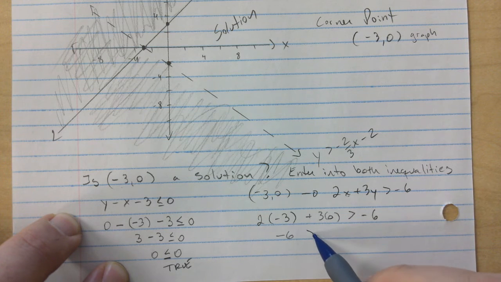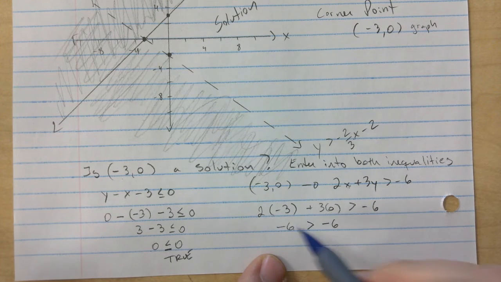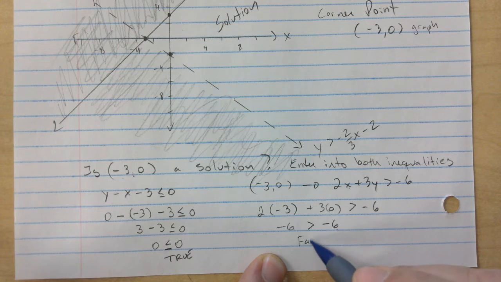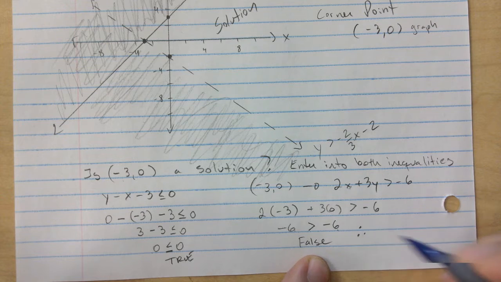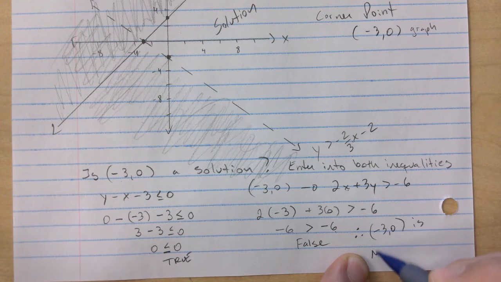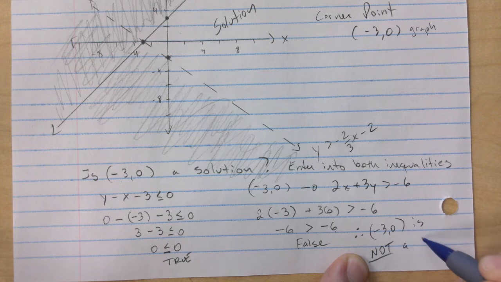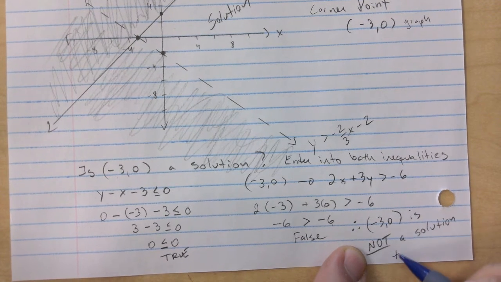This is 0. So is -6 greater than -6? False. Therefore, -3, 0 is not a solution to the system.